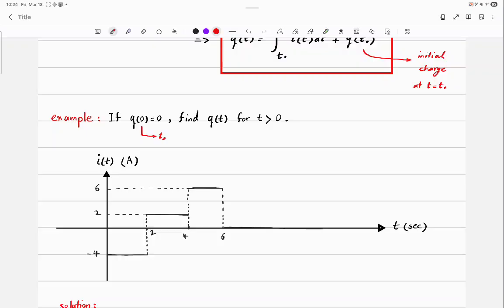Constant. So that is negative 8, negative 4, and positive 8. 1, 2, 3, 4, 5, 6.